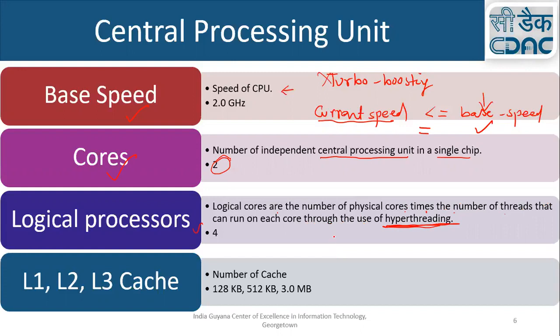So you have two cores, and each core is divided into two logical processors, so the total becomes 4. And then the cache memory, that is the L1, L2, L3 cache, and the size is again in increasing order.